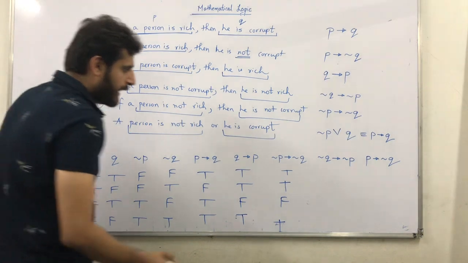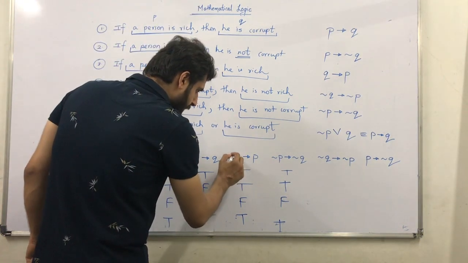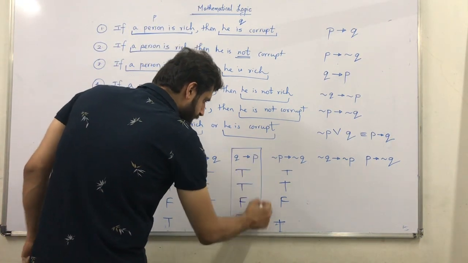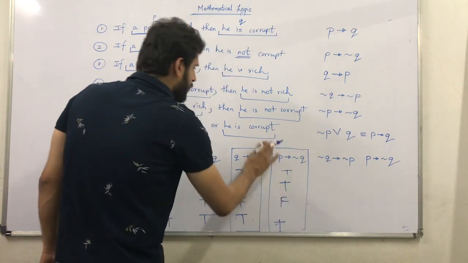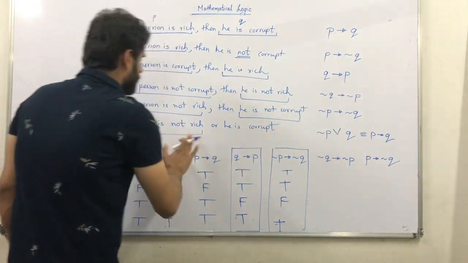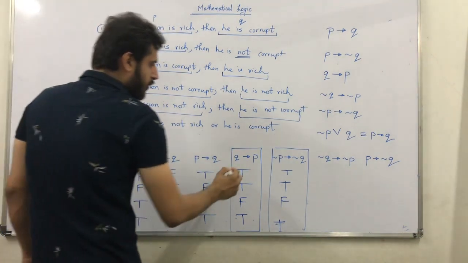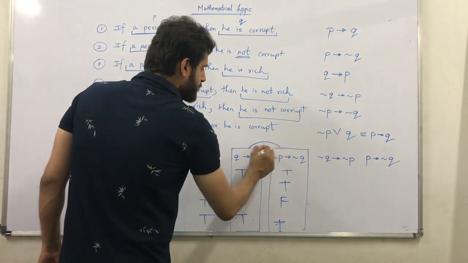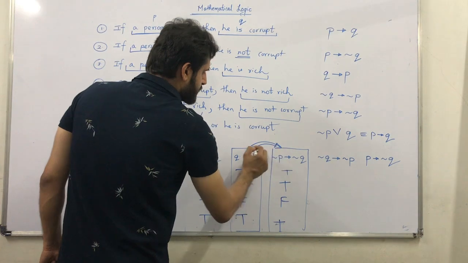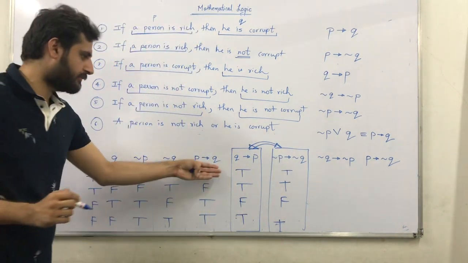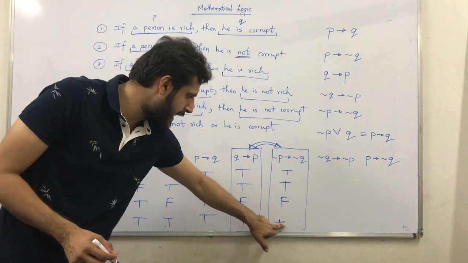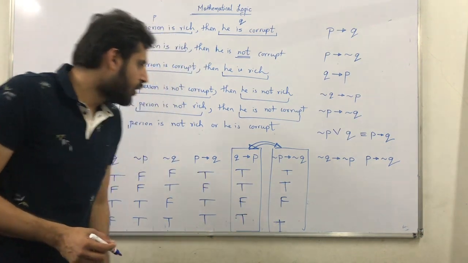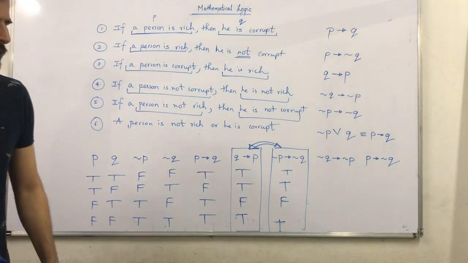I can see that in this column and in this column the truth values are the same. So we can always say that converse is the same as inverse, logically equivalent. Converse and inverse are logically equivalent.